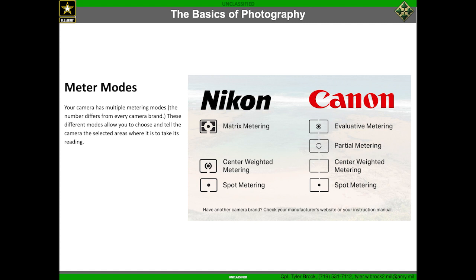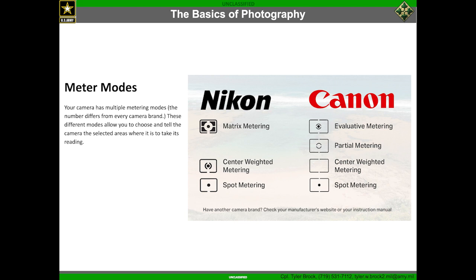It's very important. Now, when it comes to metering modes, every camera manufacturer is different, and even camera models are different from each other. Like my D850, how to pull up a histogram is different from how to pull up on my D3S.